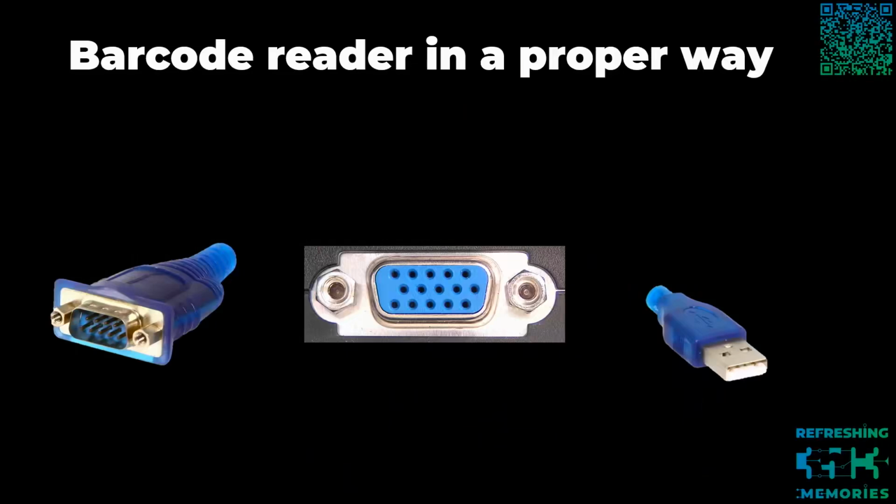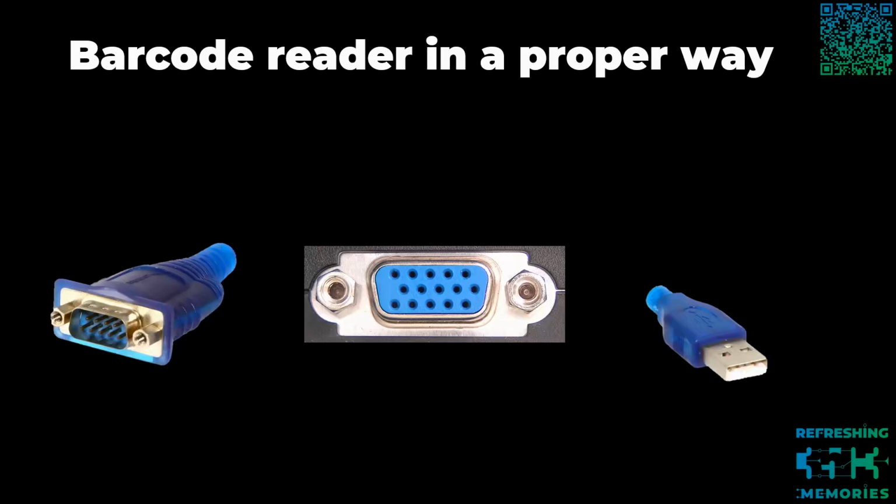Typically, the barcode reader in an ATM is connected to the PC through COM or USB ports, and on the other end of the cable is a port that looks like VGA.